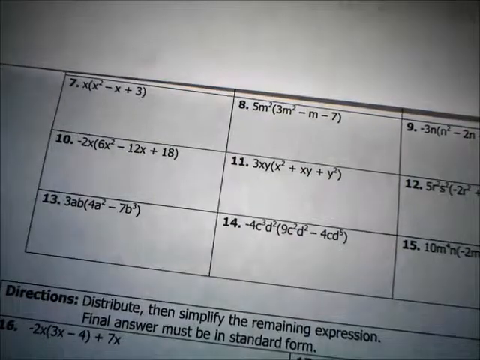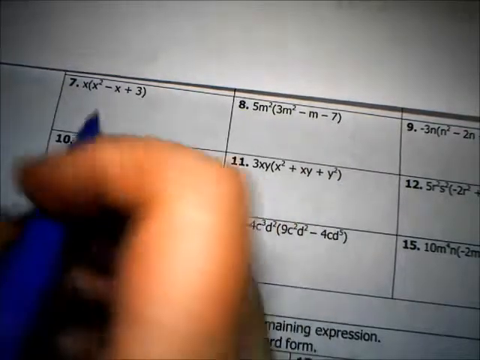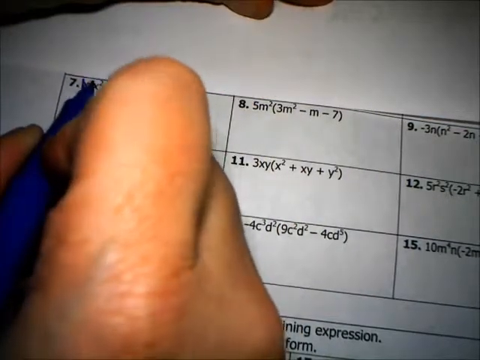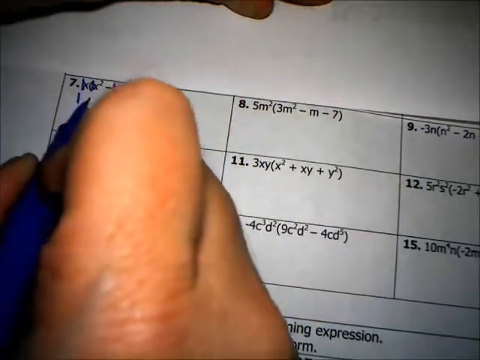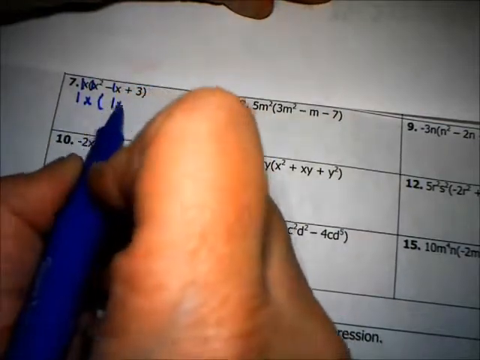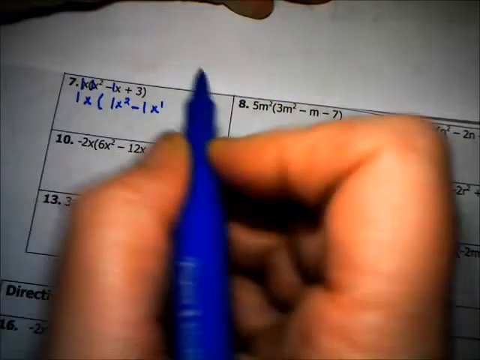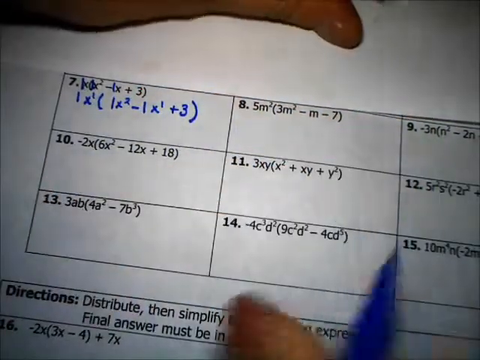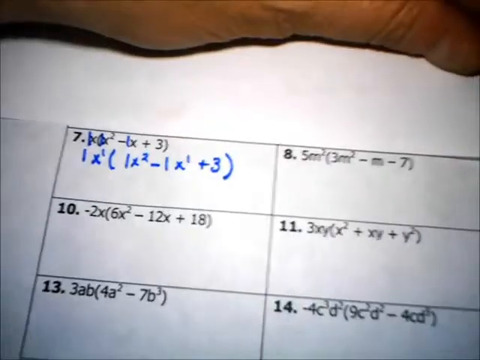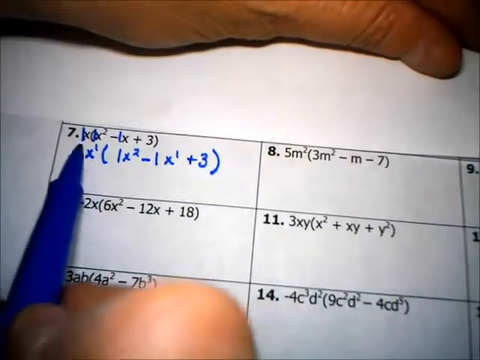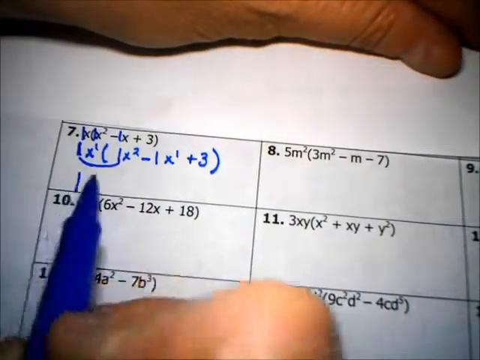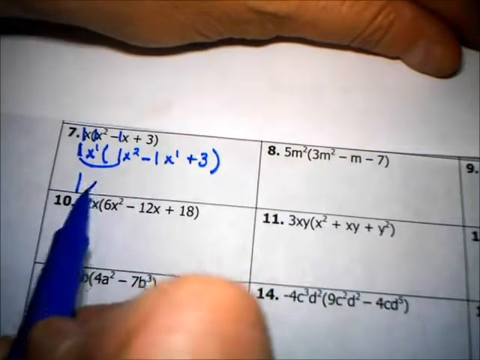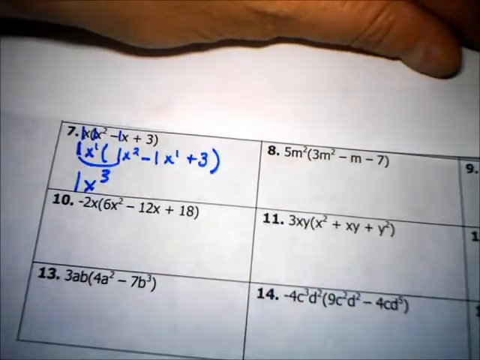Okay, if we look at number 7 right here, I have understood 1's in front of those, so if I rewrite this, I'll have 1x, parentheses, 1x squared, minus 1x, and then a plus 3. Let me zoom in a little bit. I'm going to multiply 1 times 1 and come out with 1. x¹ and x² is now x³.